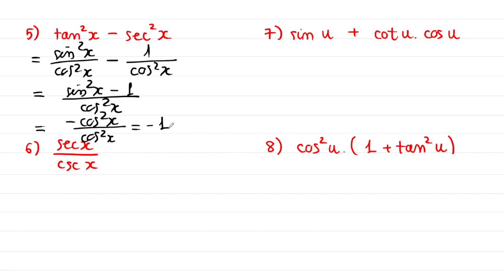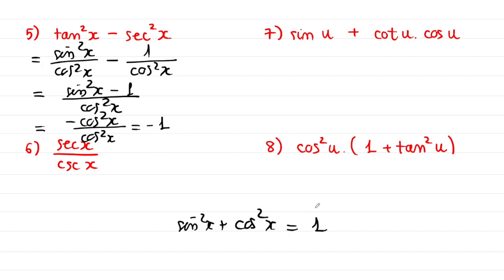So the question here is why sine square x minus 1 equals minus cos square x. Look at this: you can see here the original formula about sine square x and cos square x.